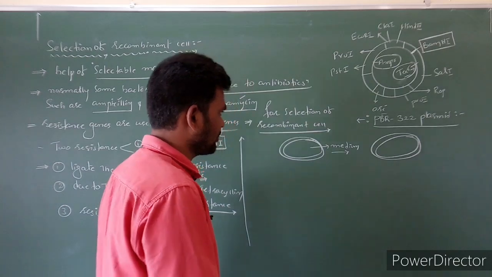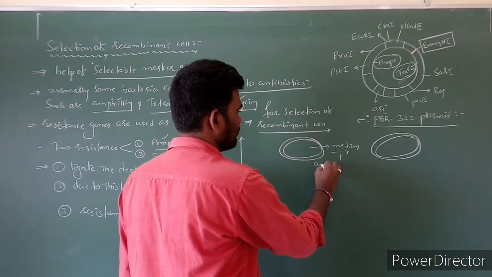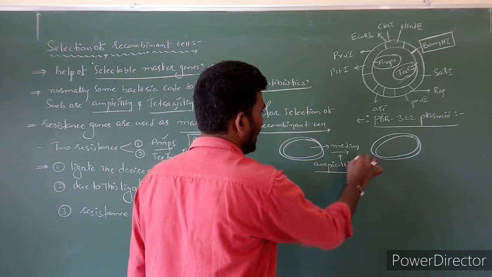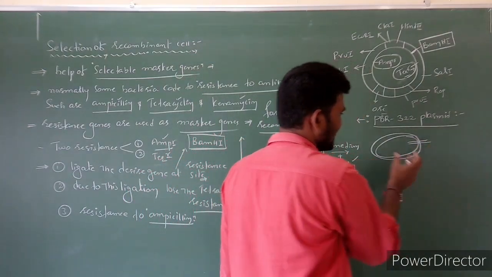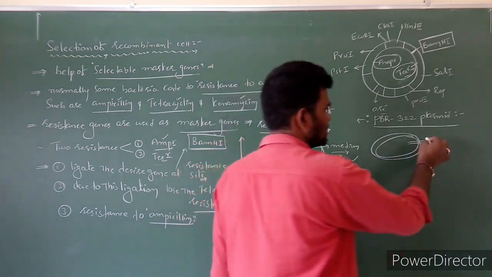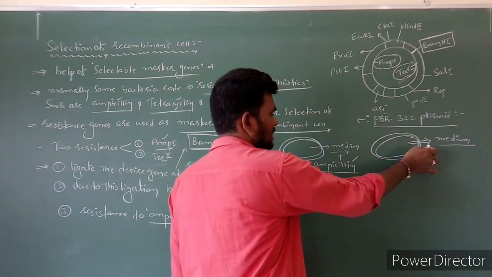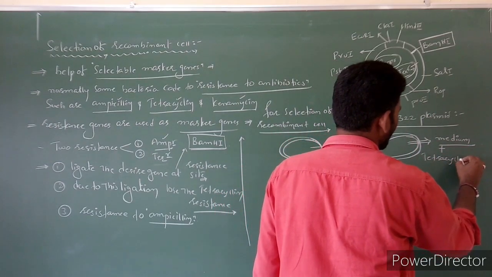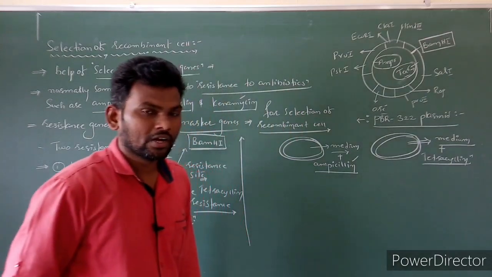In one medium we add the antibiotic ampicillin. The other Petri plate, a dish, again contains medium, and to this medium we add the antibiotic tetracycline.